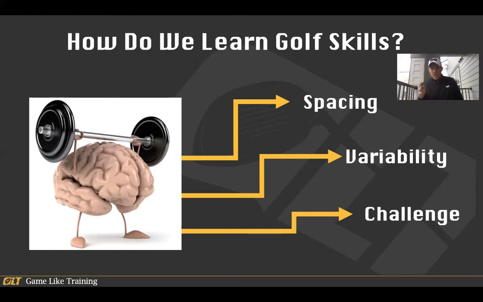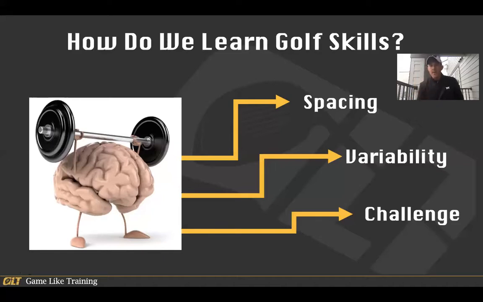So the first challenge, if you want to add spacing into your practice, and this is scientifically proven to help you learn, you're going to move the balls 3 feet back, 5 feet back, 10 feet back, 10 meters back, however far back you can. You're going to take one ball at a time, and that ball is going to last 1 minute.